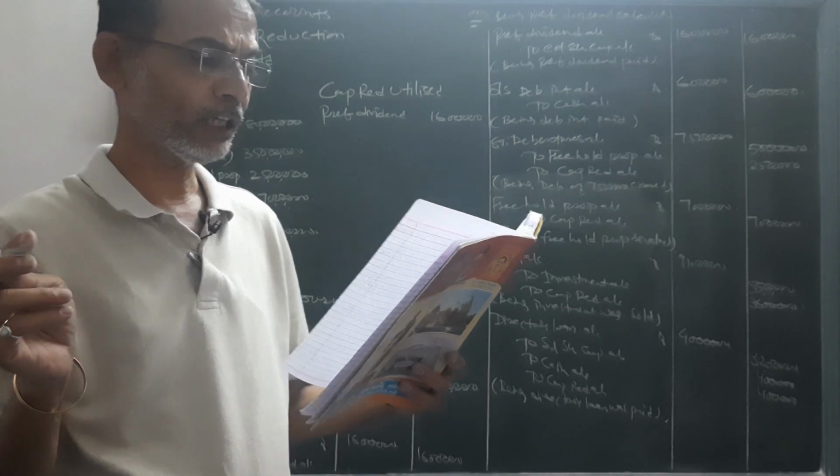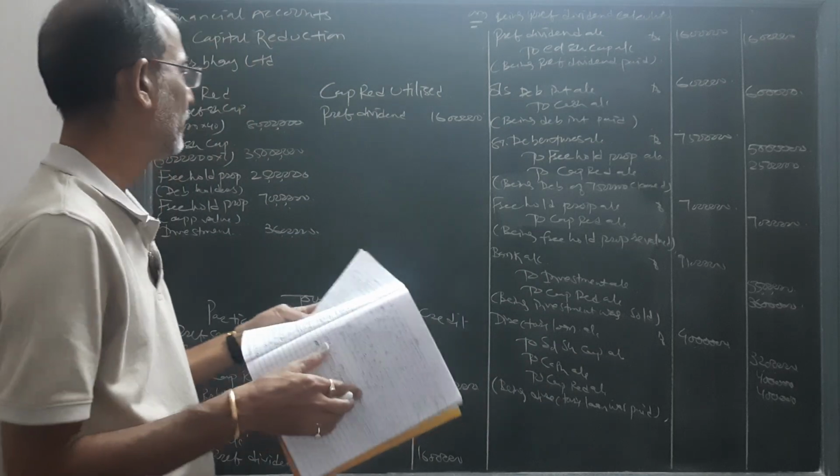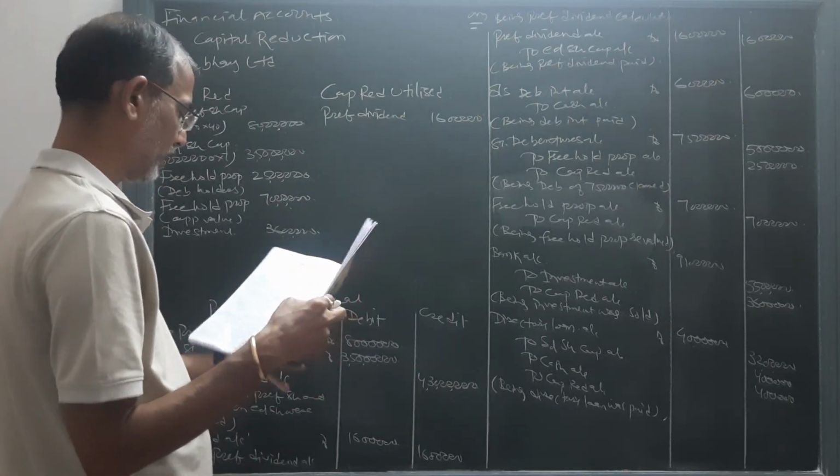Next adjustment is that intangible and fictitious assets are to be written off. That will be written on the utilized side.